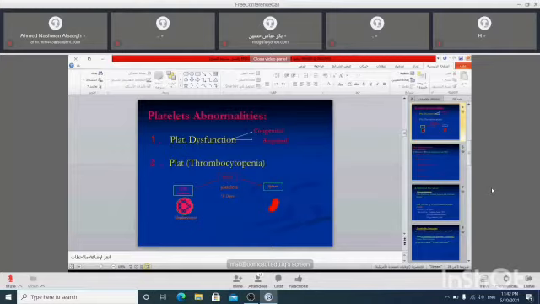We have 2 causes: either congenital, which I won't go into in detail but you know there are congenital causes of platelet dysfunction, and we have the acquired causes of platelet dysfunction, secondary to other diseases. And the second type, which is the important one, is platelet reduction in count, which we call thrombocytopenia.